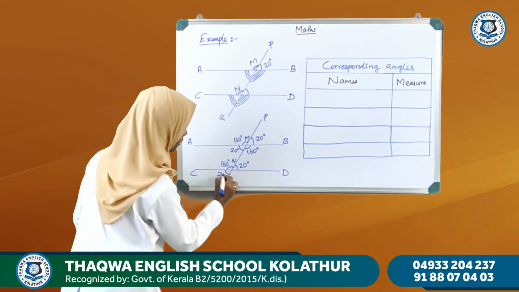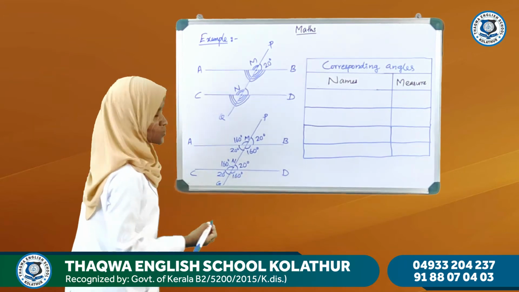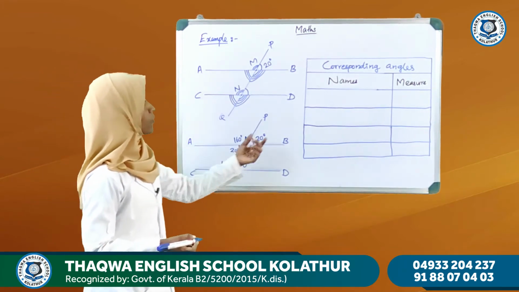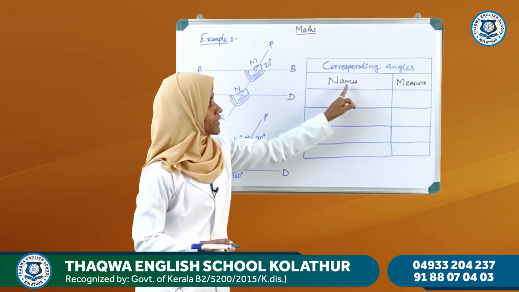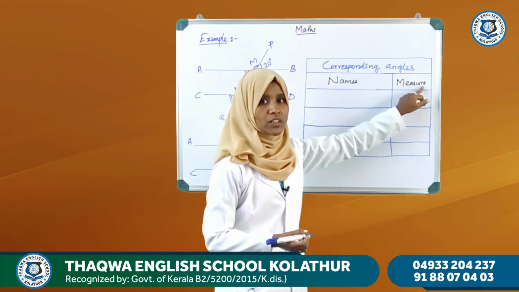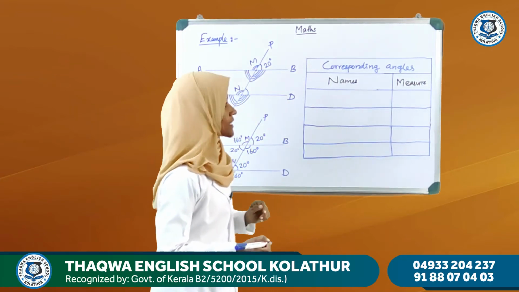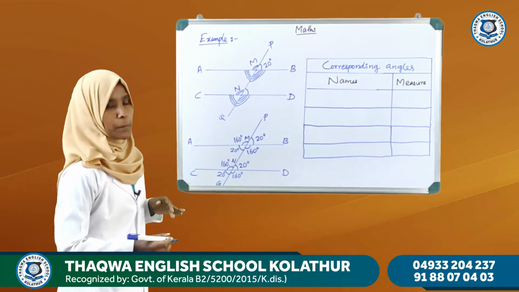Next 20. Then this angle 160. Okay. Now we have to write the corresponding angles and their names. The next column, measure of the angles. Let us find out the corresponding angles from this figure.